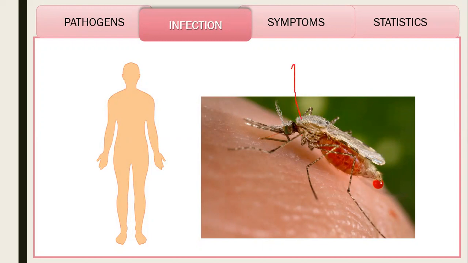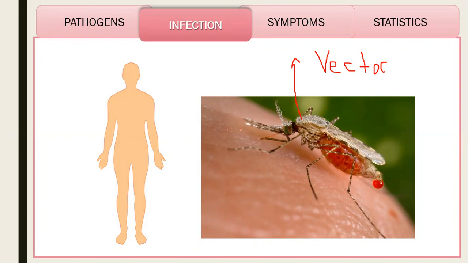So there's a word, vector. Vector means any organism which carries the parasite from one person to another person. So vectors, especially female Anopheles mosquitoes, carry the pathogens from one person to another.